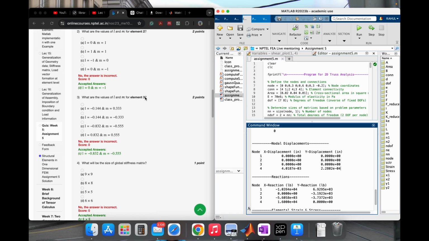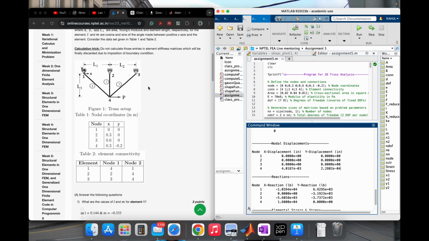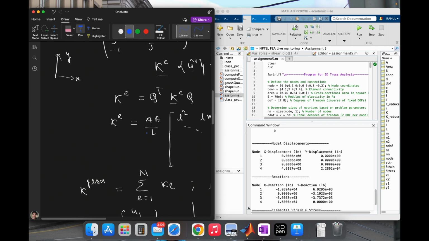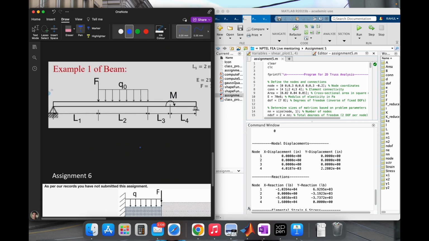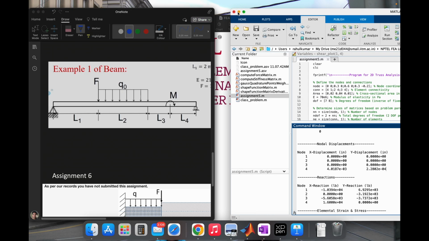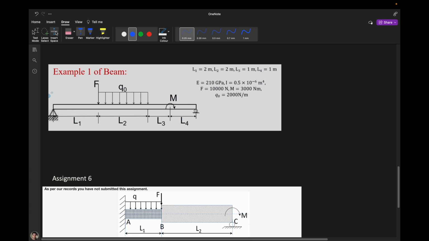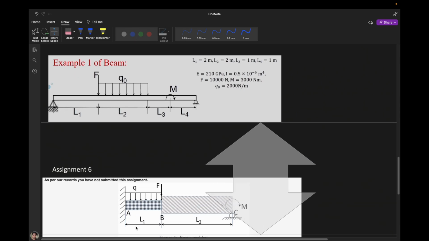Now we will try to implement in MATLAB the class problem that sir has discussed. So this was the class problem, and after that we will go for assignment number 6.